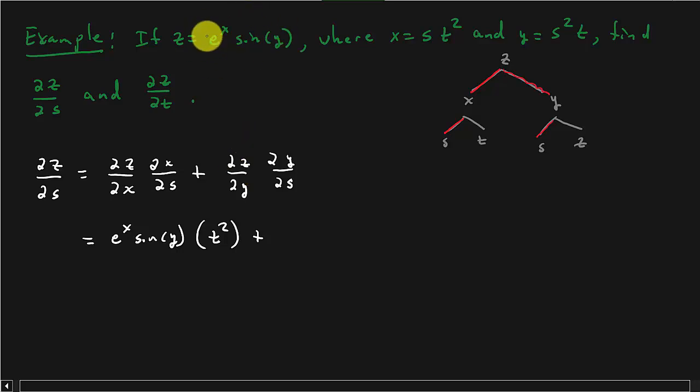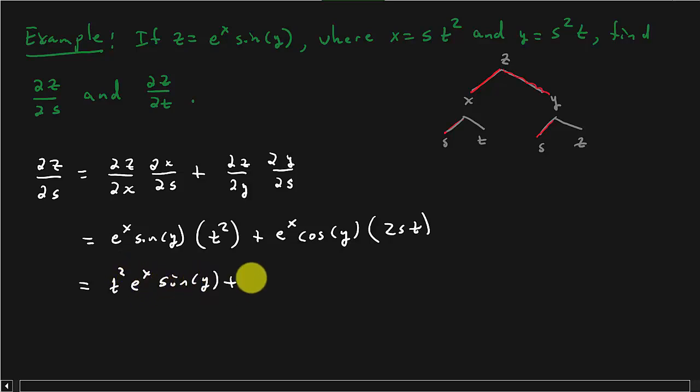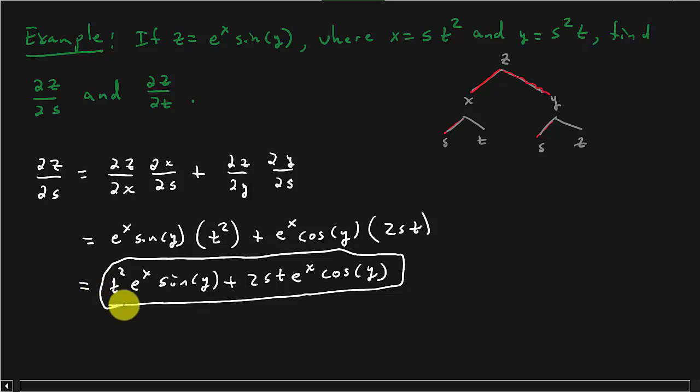Remember, e^x is a constant, so that's e^x cosine y times the partial of y with respect to s, which is 2st. And so this gives us t squared e^x sine y plus 2st e^x cosine y. And that would be your answer for that one.